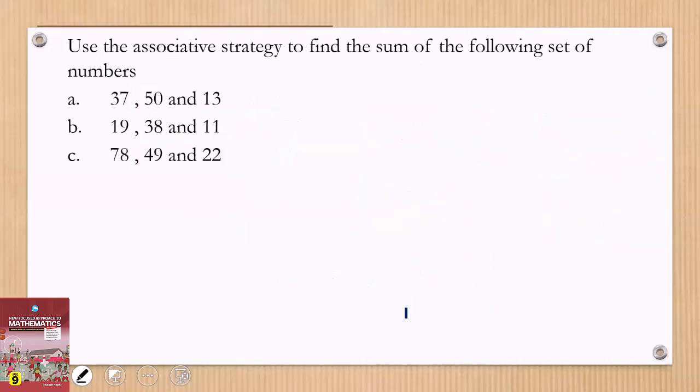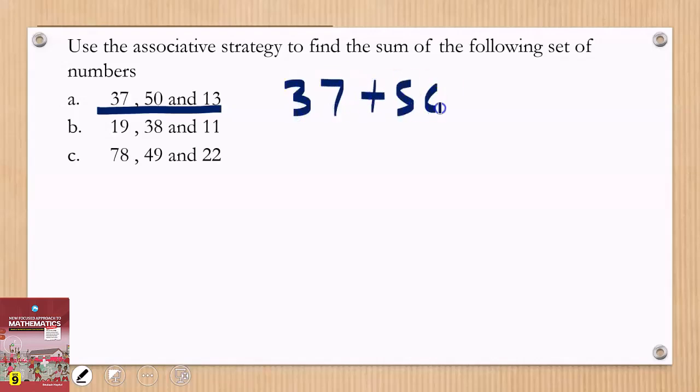That is addition of commutative, so associative property of addition. Let's say I have these numbers to add. So I'm going to do 37 plus 50 plus 13.